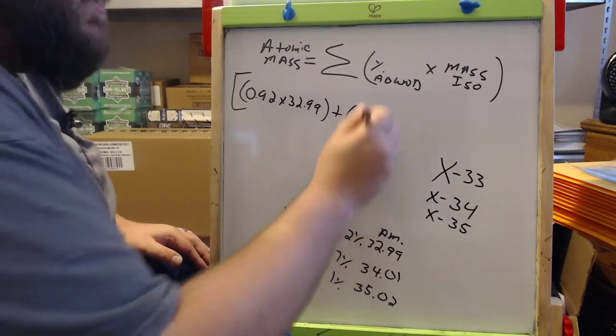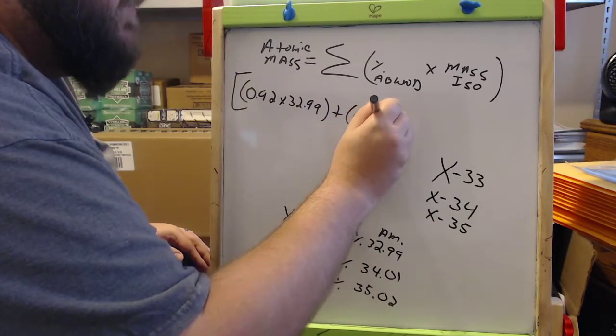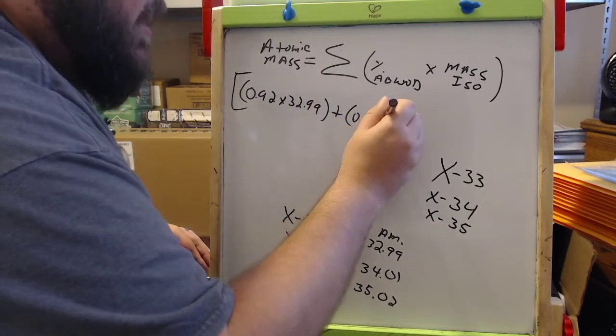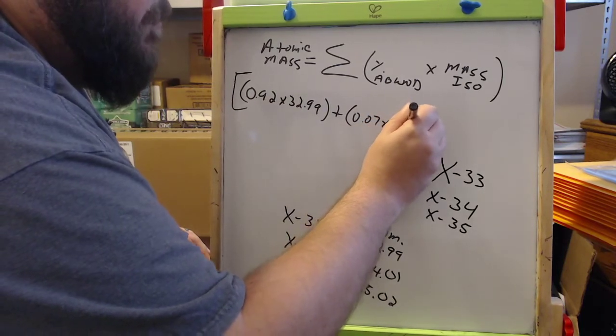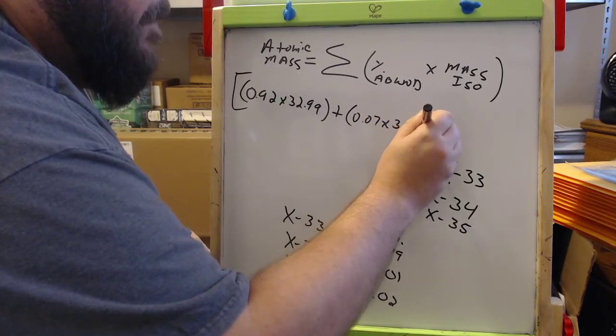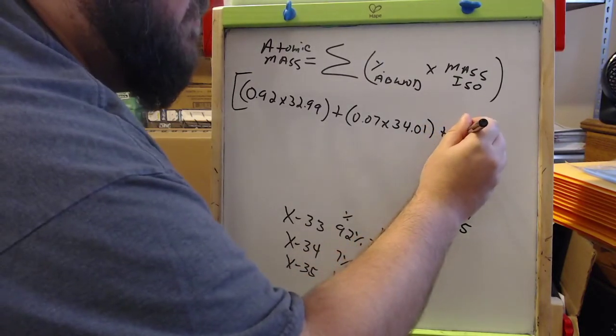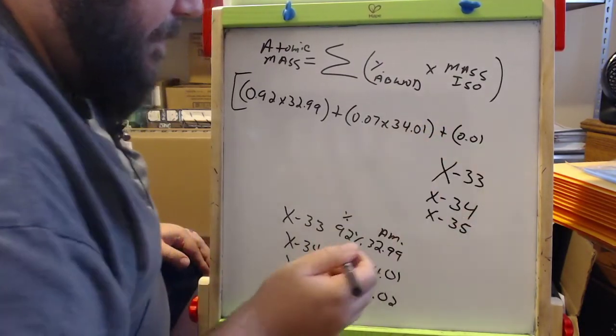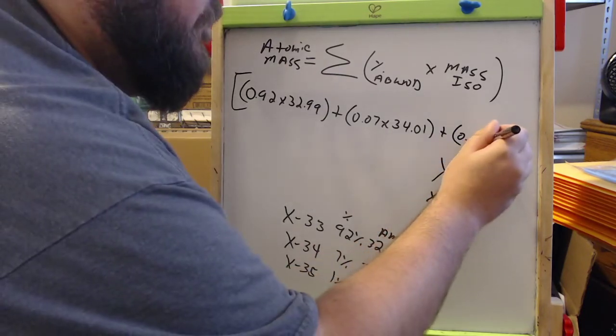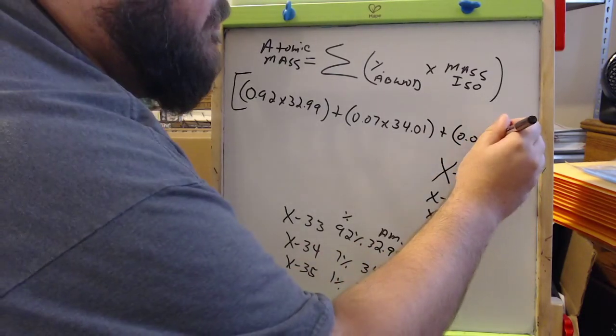plus, look at our next one, 0.07 times 34.01, plus 0.01 times 35.02.